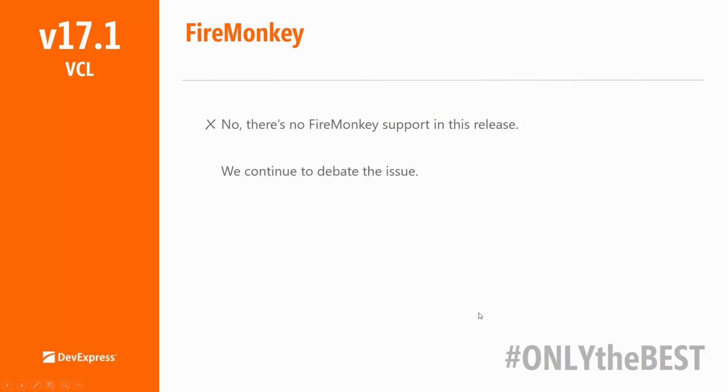I don't want to be too humorous about this. It's a difficult question because if we do FireMonkey, then there's going to be less support for VCL. There'll be less improvements of VCL. After all, we have a Delphi team, if you like, and they'll only be able to do one thing at a time. So be aware that more FireMonkey means less VCL.